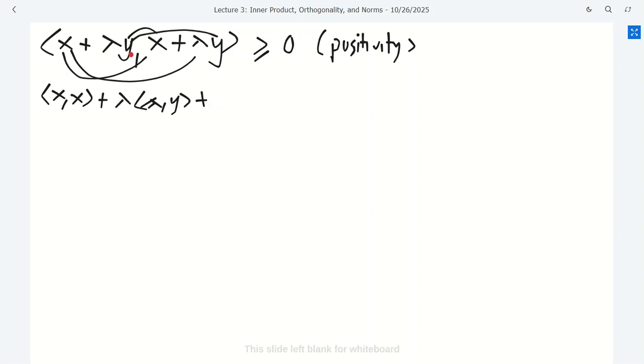So here we get y inner product x, so the lambda will come out. Then here the lambda will multiply the lambda, we get what? Lambda squared, right? Then y inner product with itself, so we get something like this, which is greater than or equal to 0.